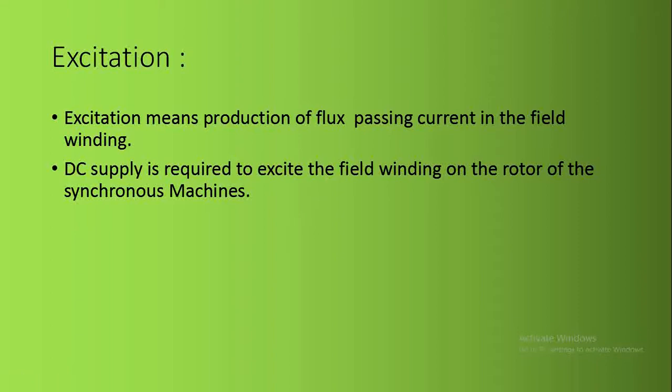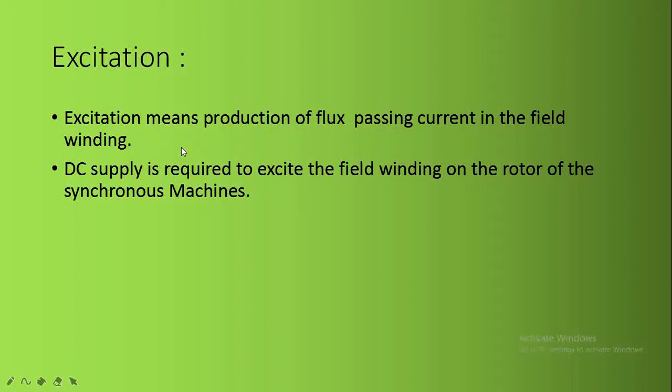If the generator is of small rating, the magnetic system can be provided with the help of a permanent magnet. In most cases, the permanent magnet is used for small rating generators. For large rating machines, we need to implement another excitation system which will give the DC supply for the production of magnetizing flux by passing current in the field winding.